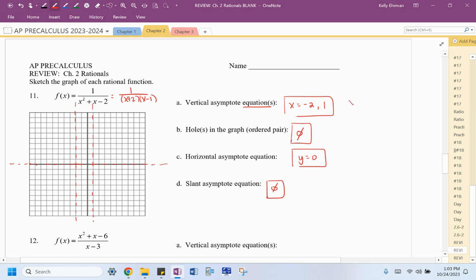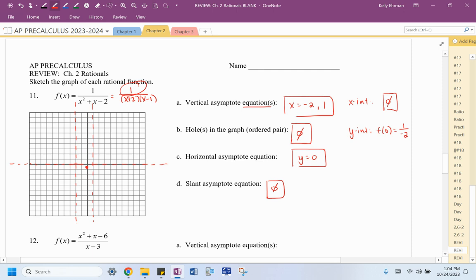And then I believe I added into your review, find the x-intercept, find the y-intercepts. So the x-intercept, there isn't one because there's no x in your numerator to set equal to 0. The y-intercept is when you plug in 0. If you do that, you get 1 over negative 2. So you can plot a point at 0, negative 1/2.